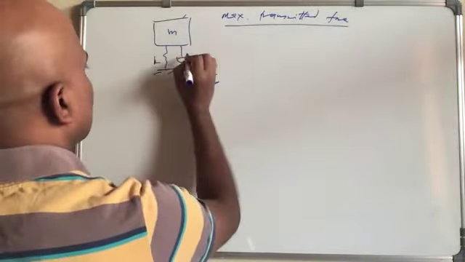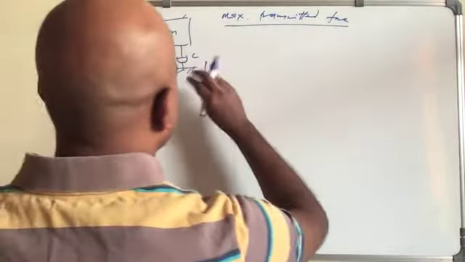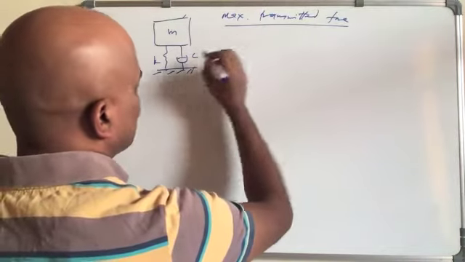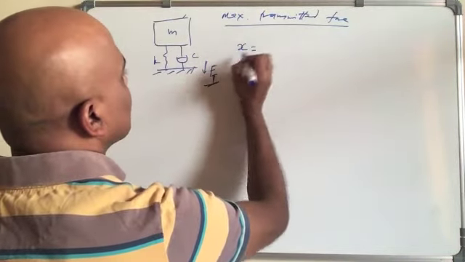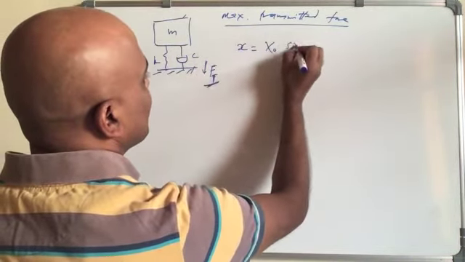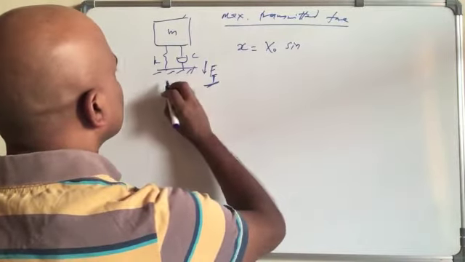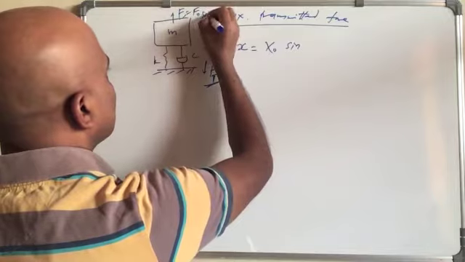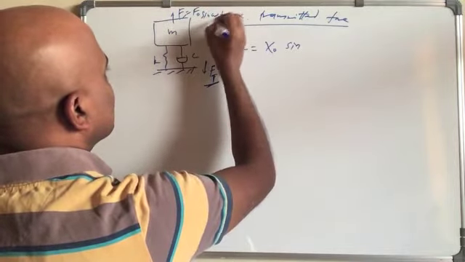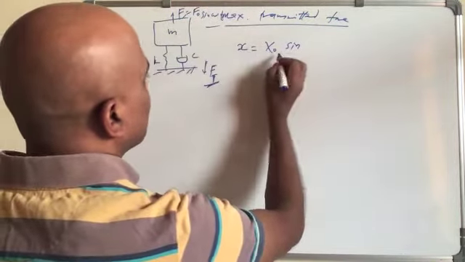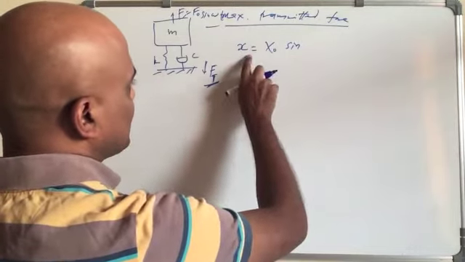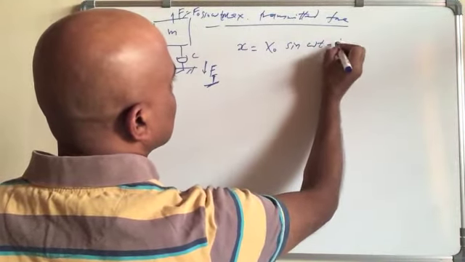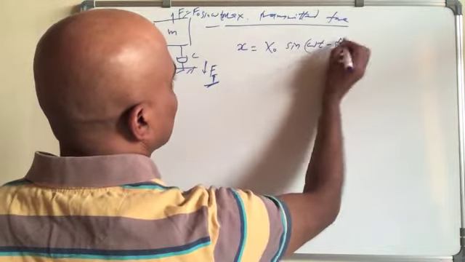We know that for all these equations, the force is F equal to F naught sine omega t, and the displacement is x naught sine omega t minus phi.